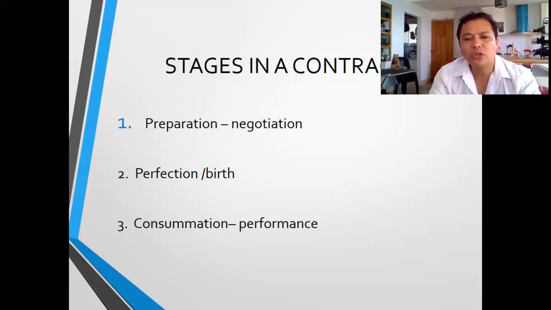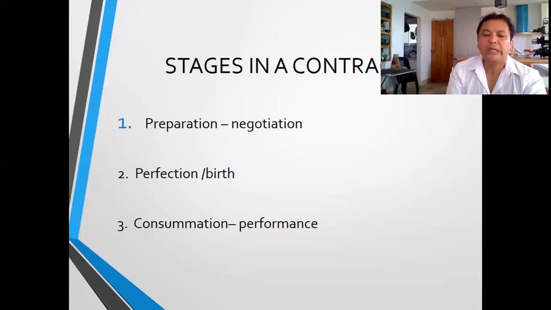Then consummation or performance is the stage where the parties in a contract deliver to one another their respective obligations. For the part of the seller, he will deliver the object, but since it's a real property, delivery would involve only the title and the deed of sale. On the part of the buyer, he will deliver the payment or money. So that is the consummation stage.